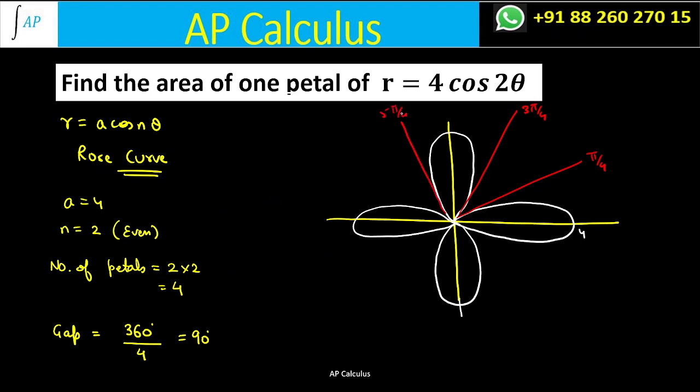Since we have to find the area bounded by one petal, either you can go from 3 pi by 4 to 5 pi by 4, or since it is a symmetric curve, this line will be minus pi by 4, so we can go from minus pi by 4 to pi by 4. You can pick any of the angles, it will give you the same answer. I am picking minus pi by 4 to pi by 4.